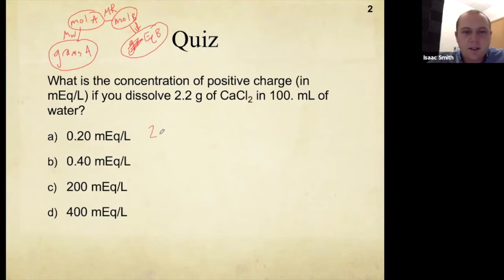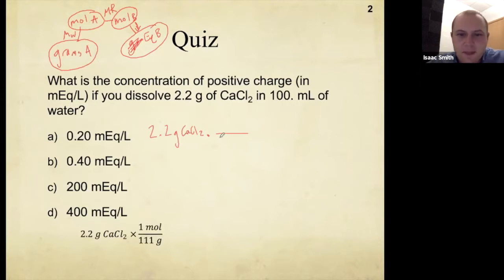So we'll start with 2.2 grams of calcium chloride. Then we want to go over to moles of calcium chloride, moles of A. So we take the molar mass, which I'm going to pull up here: 111 grams for every 1 mole of calcium chloride.